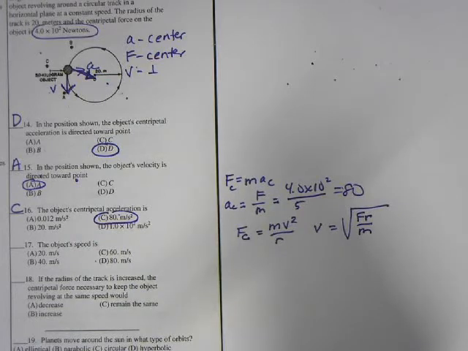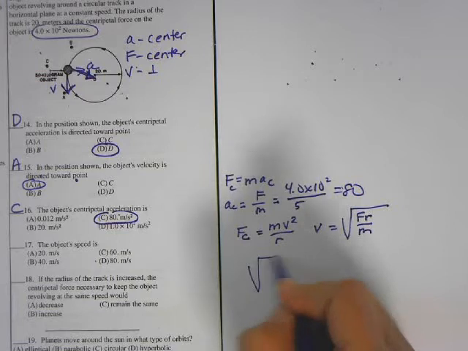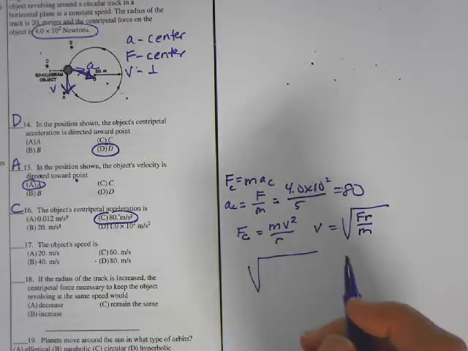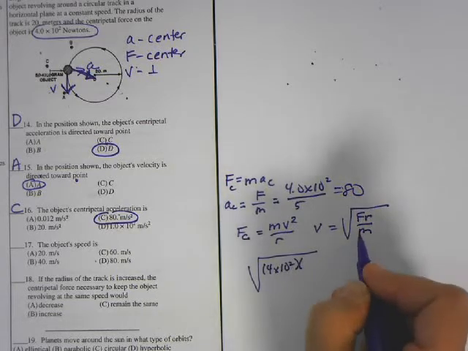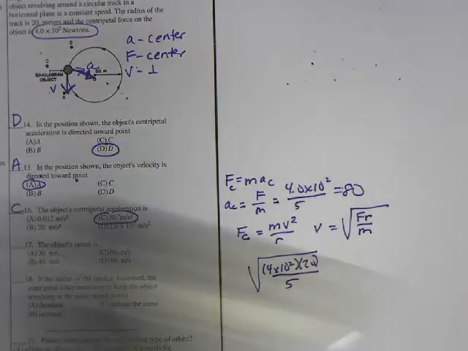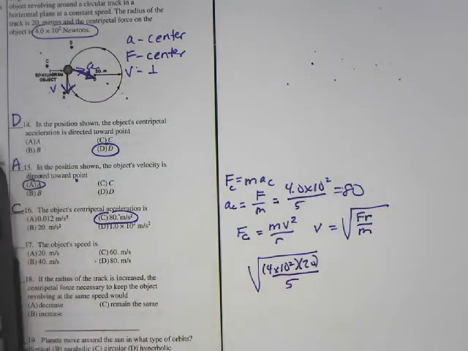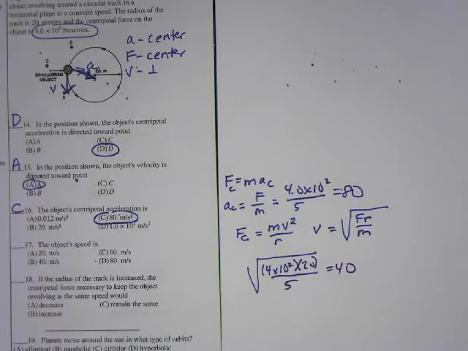So then we substitute in our values, and F is equal to 4 times 10 to the 2, times r, which is 20, divided by m, which is 5. So 4 EE 2 times 20 equals, divided by 5 equals, and square root, and I end up with 40. So this is B.